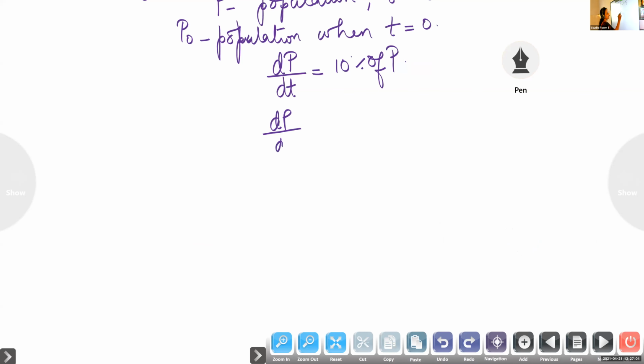That is, dP by dt is equal to 10 by 100 into P. When you simplify this, it is P by 10.